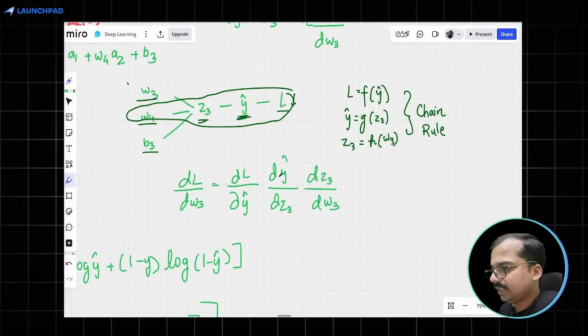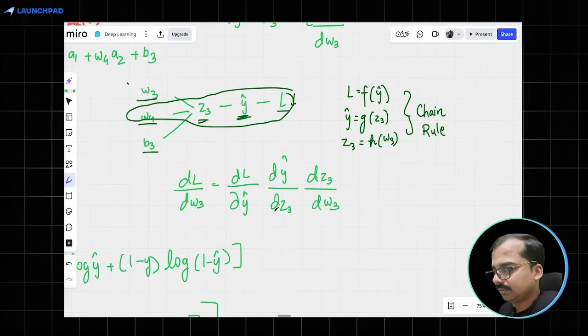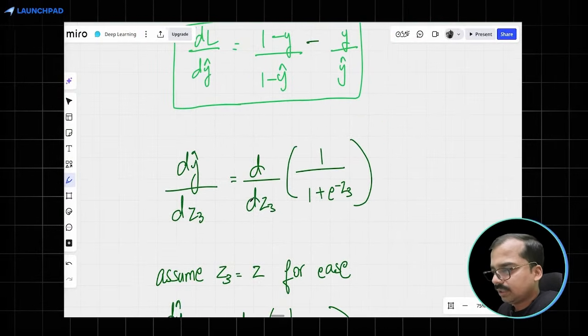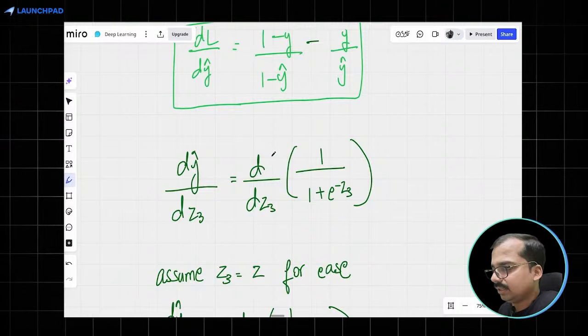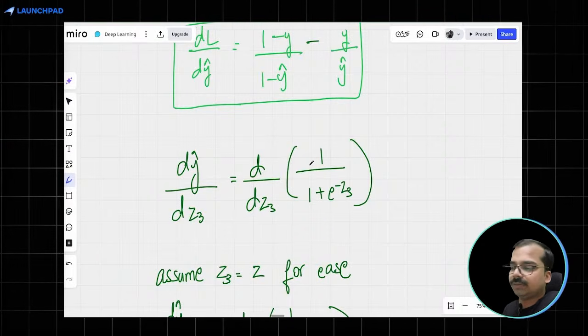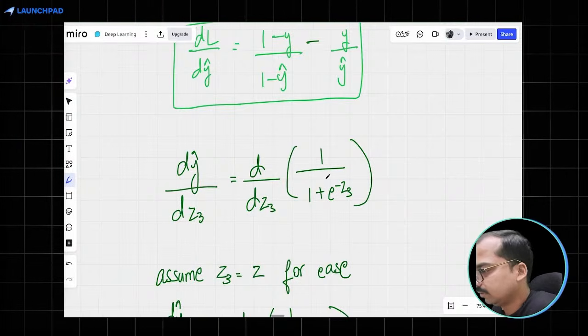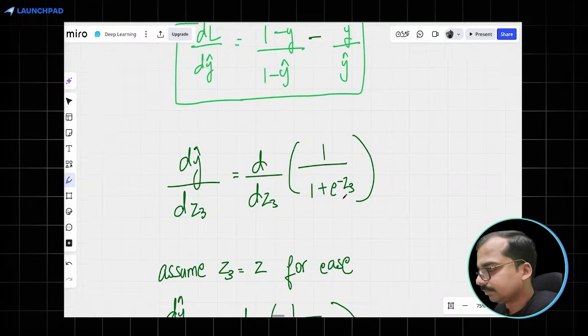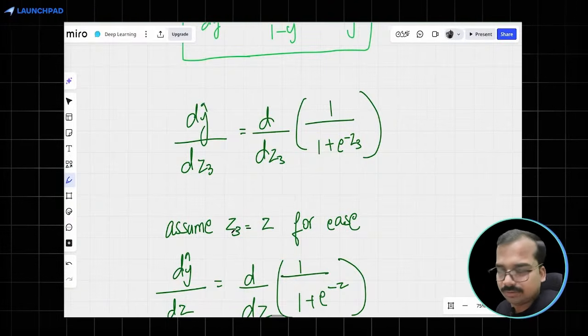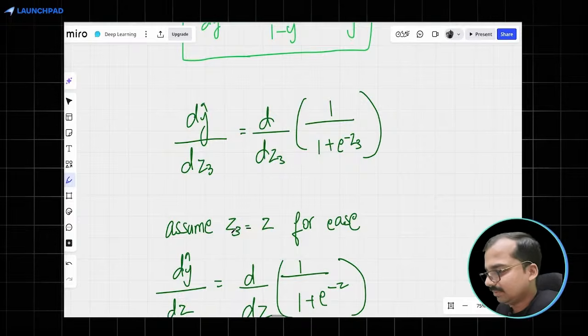Now the next thing is dy hat by dz3, right? So let's try to do this. So dy hat by dz3 is equal to d by dz3 of 1 upon 1 plus e to the power minus z3, since sigma was applied, right? For simplicity's sake, let's assume z3 is z. I don't want to write z3 every time, okay?